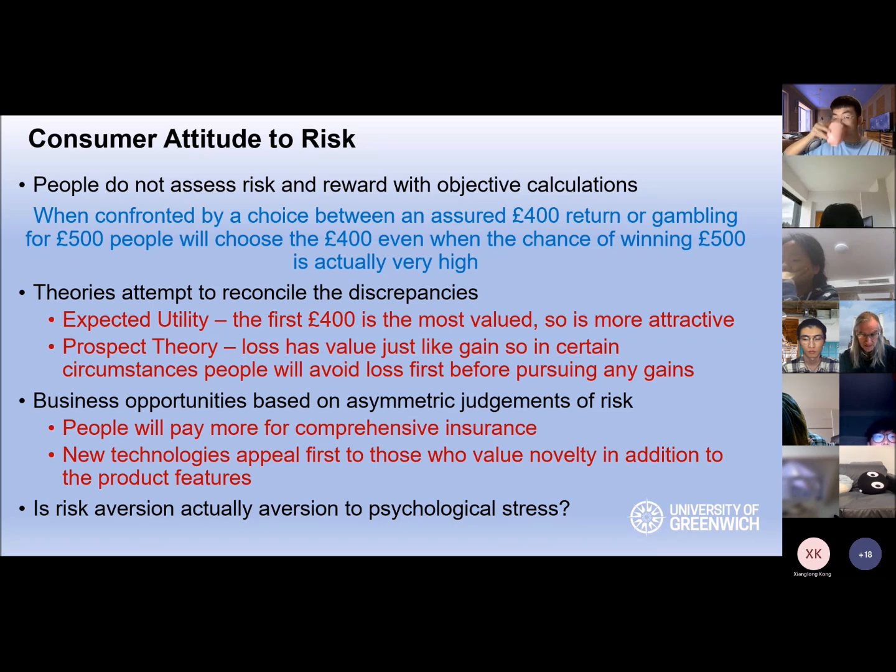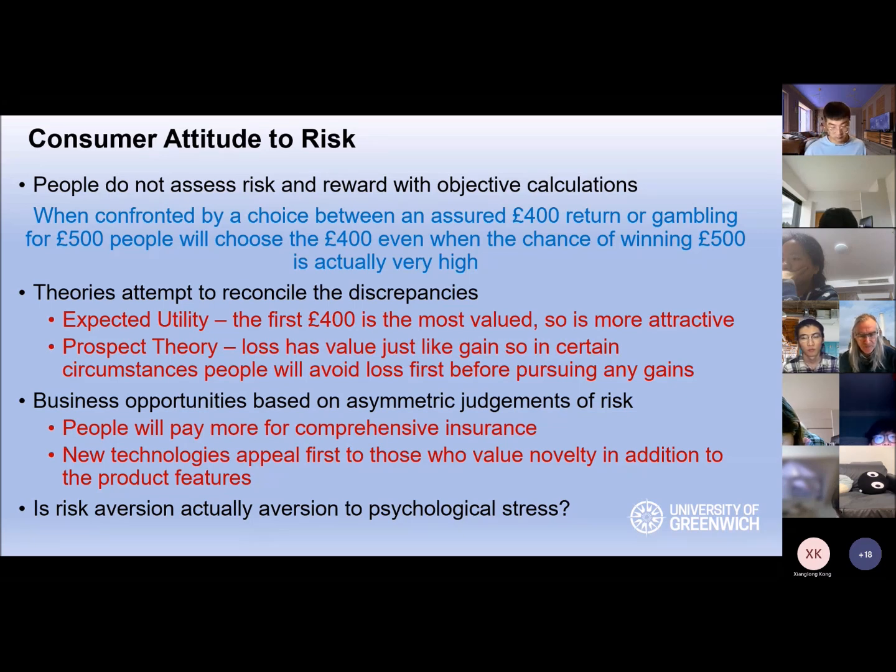Subsequent money you get after that, you're prepared to take a risk on. Okay, prospect theory takes a more negative approach and says that loss itself has a value, and people are trying to avoid that. So they will take the safer bet, not because they prefer the safer bet, but because more than that, they would hate to lose. Yeah?